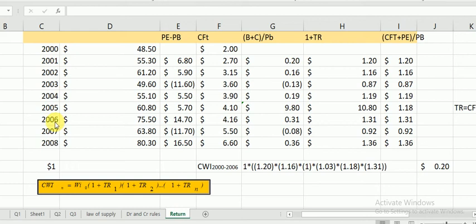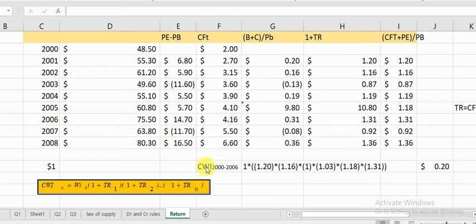Now in 2006 I calculate the total wealth index of this $1, that is, the value of this $1 after 6 years. What is the value of this $1 in 2006?